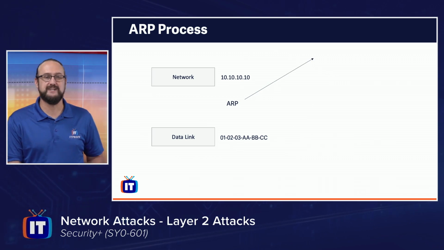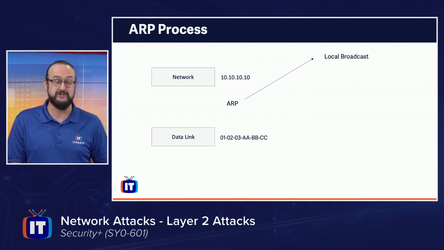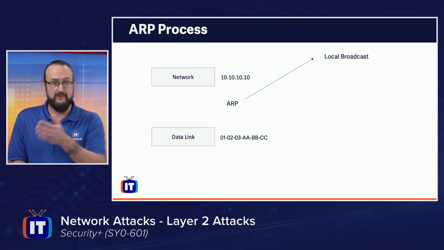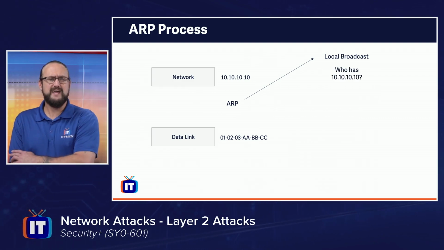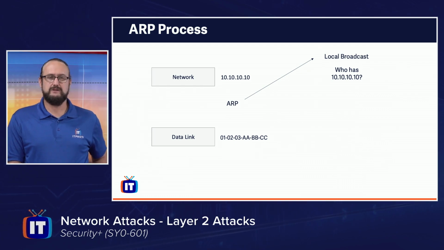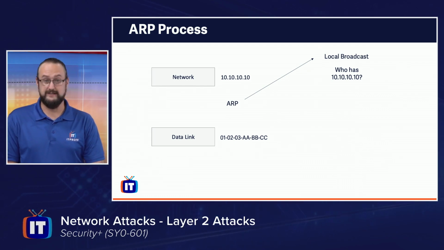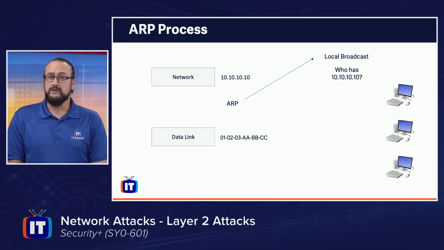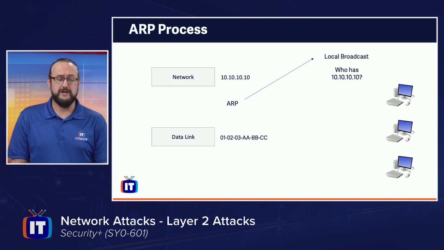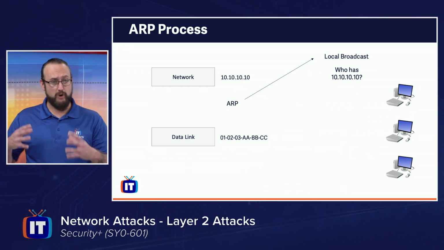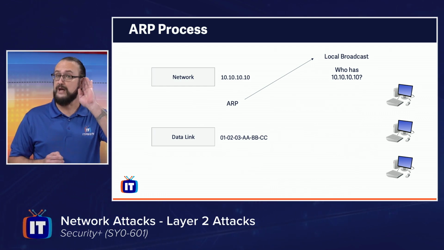So what it does is it sends out a broadcast communication to the local broadcast address on that network. And it says to everybody, hey, who has 10.10.10.10? I just put 3 computers on here, but every computer within that broadcast domain can hear that broadcast traffic.